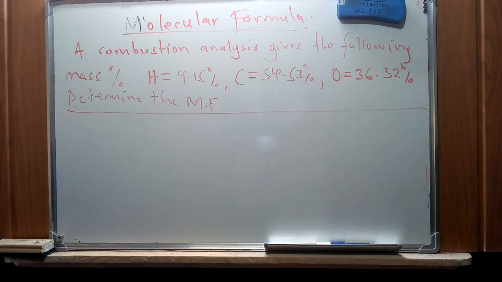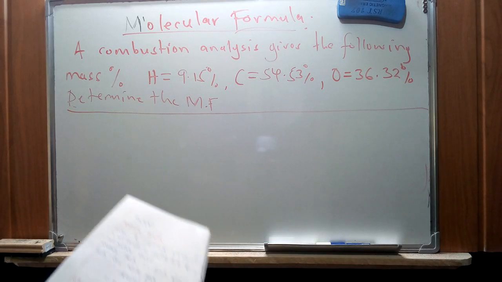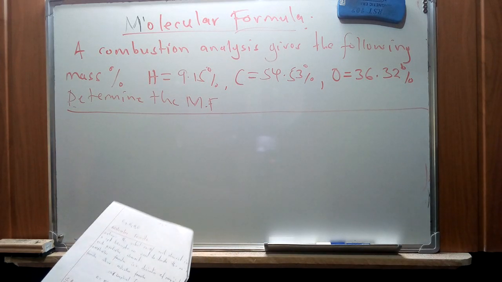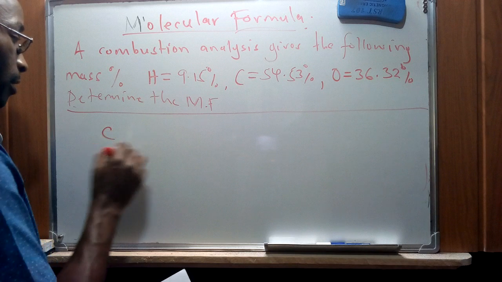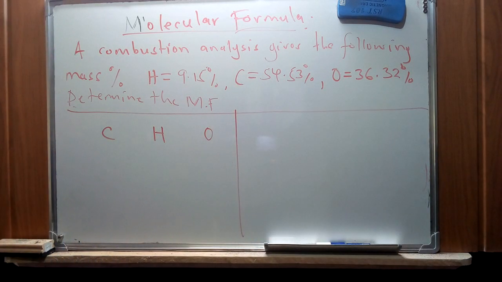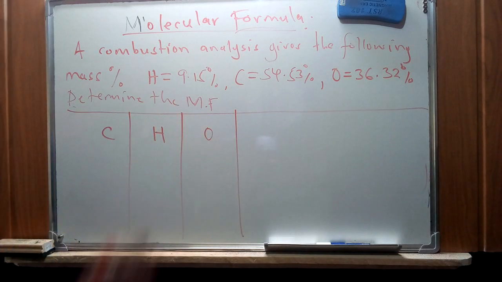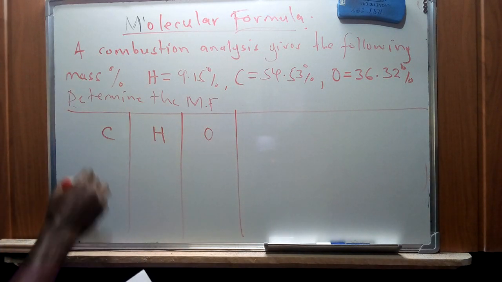For hydrogen, it's 9.15%, carbon is 54.53%, and oxygen is 36.32%. Now we're going to use the approach that we had already employed for the empirical formula, and that is trying to find the ratios of the masses of the three elements that are making up this particular compound.